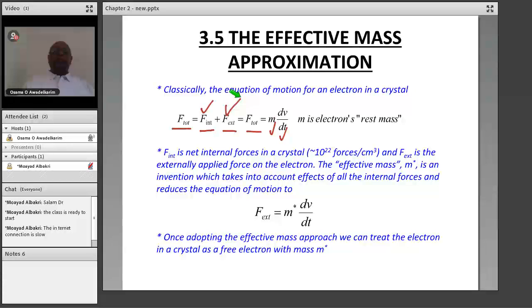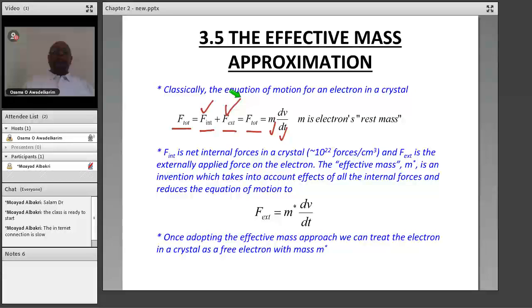I'm talking about the force on one single electron. This force on one single electron comes from the external electric field, which is the Coulombic force maybe, or maybe comes from a magnetic force, maybe the Lorentz force, or it may come from optical excitation, an electron colliding with a photon.